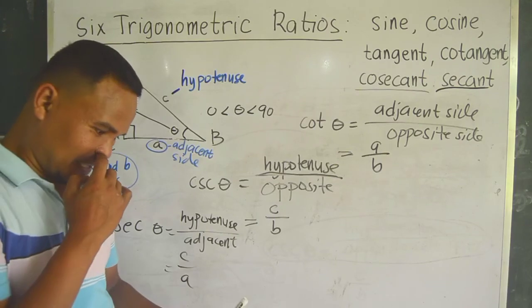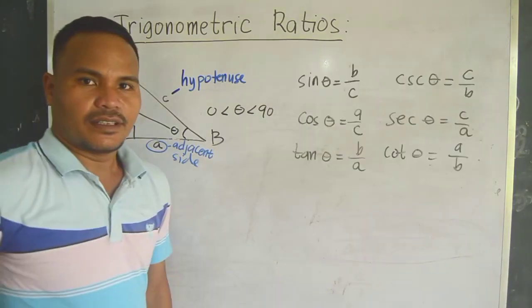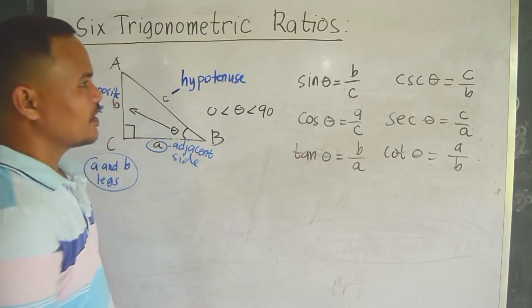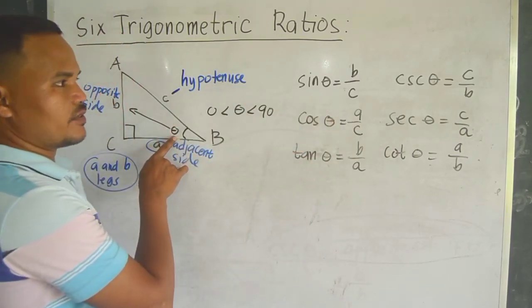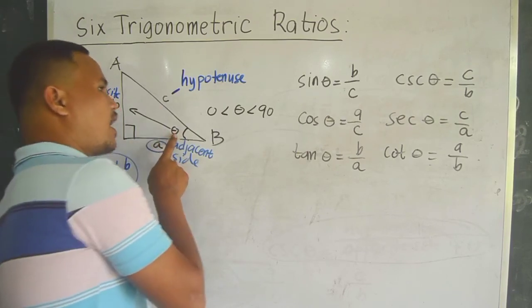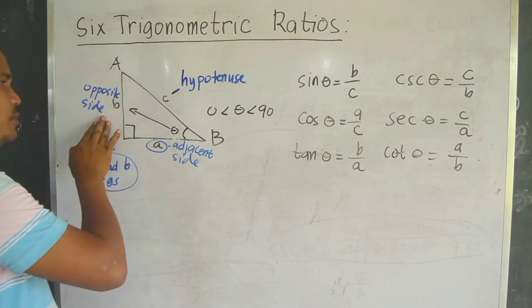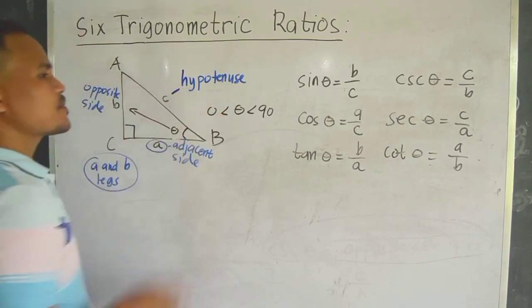Okay, so these are the six trigonometric ratios. To summarize, sine theta is B over C, opposite side over hypotenuse.